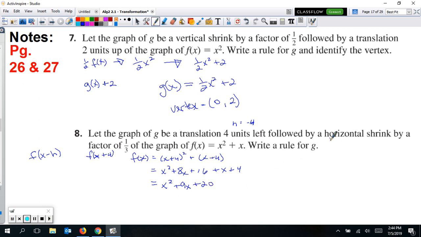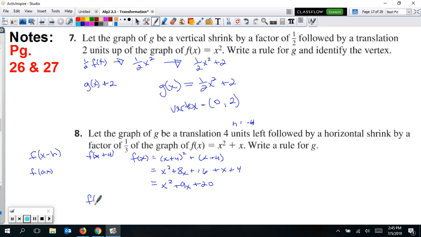Now the next thing to do is a horizontal shrink by the factor of 1/3. So this is also going on the inside of the function. Basically we're looking at a times x, right? We have an a number there. Well, that a number, when we put it back into this, is going to flip to the reciprocal. The reciprocal of 1/3 is really 3.